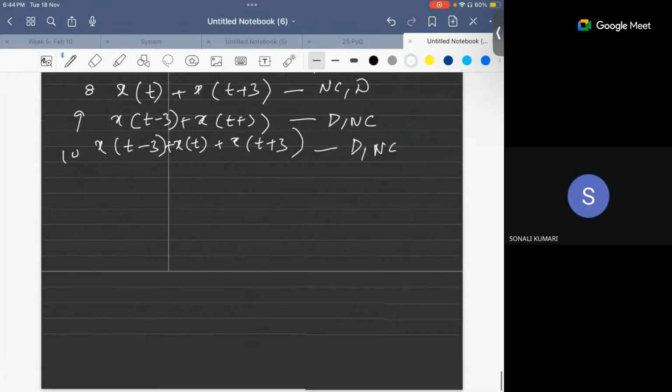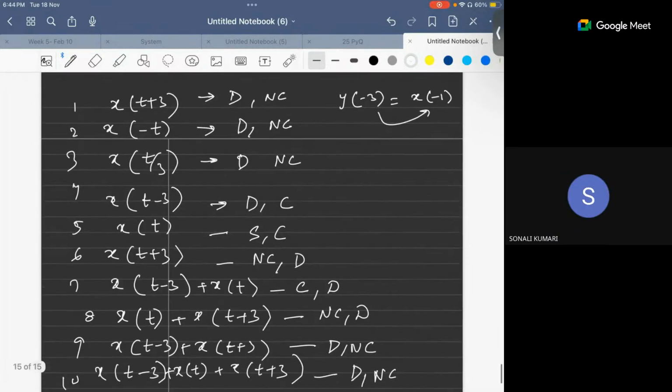Excuse me, sir. I saw the examples which you have given. In most of the examples, the non-causal ones are dynamic, so can we conclude that a dynamic system is always non-causal? No, you can't conclude that.